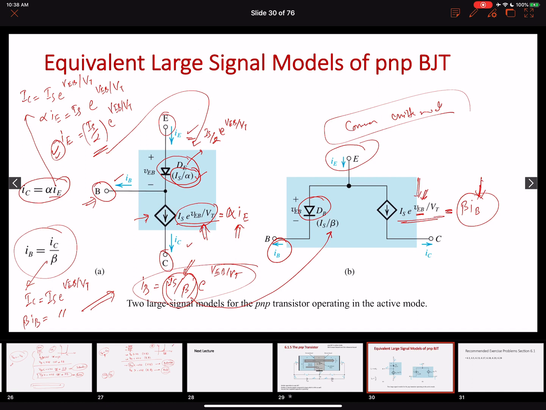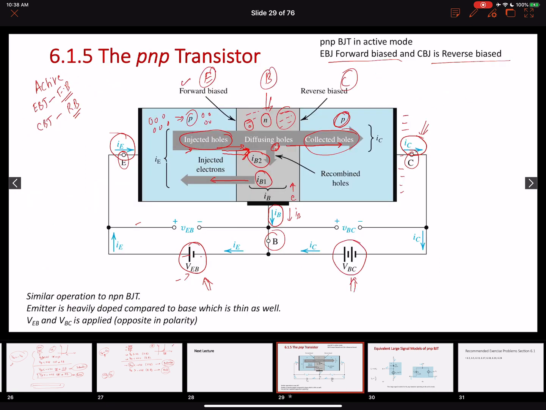So looking at both of these models, these are very similar to the NPN transistor. The only differences are the direction of the currents, and the other difference that you can see is the biasing potential, or the polarities of that biasing potential. These are the main differences. Otherwise, the operation of the PNP transistor is the same due to the complementary nature of the NPN regions and the majority charge carriers available.